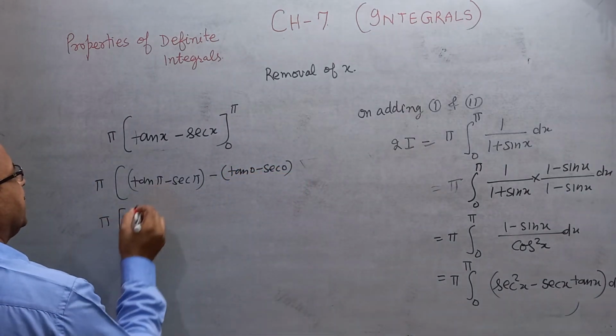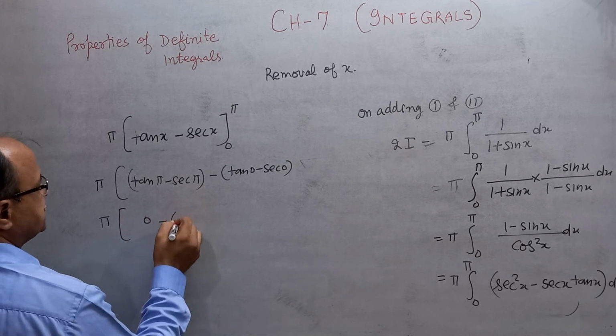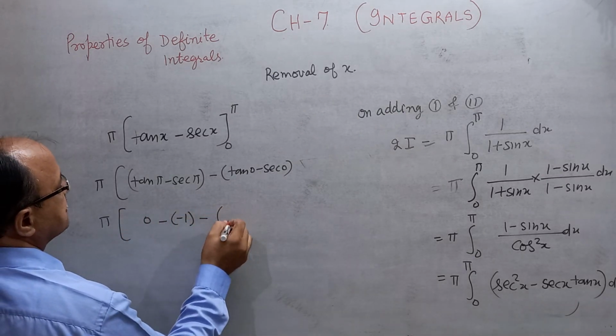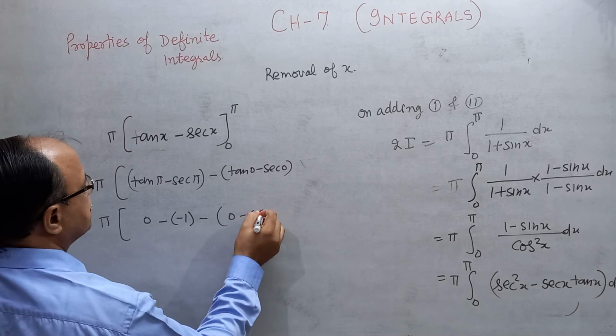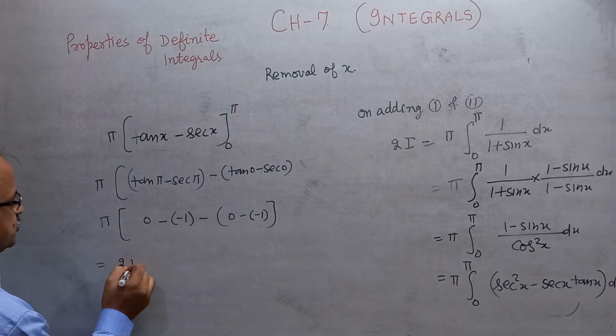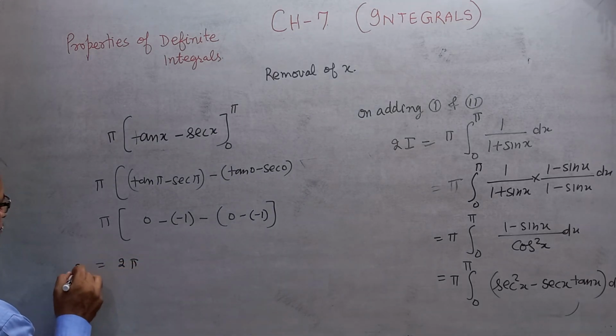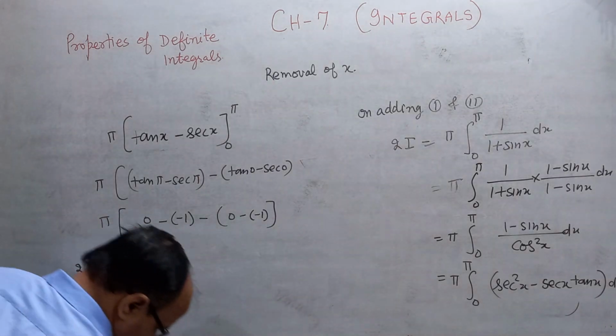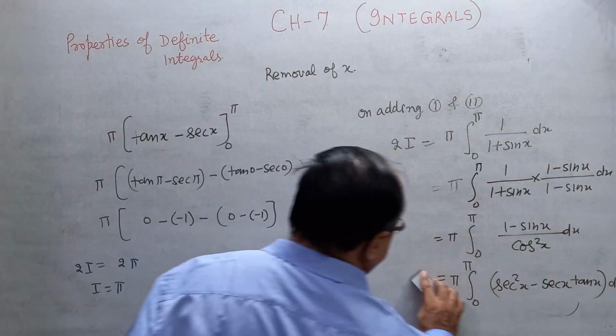Tan pi is 0, sec pi is minus 1, minus 0 minus 1, that is 1 plus 1, 2. So 2 pi equals 2I, therefore I is equal to pi. This is the answer of this question.